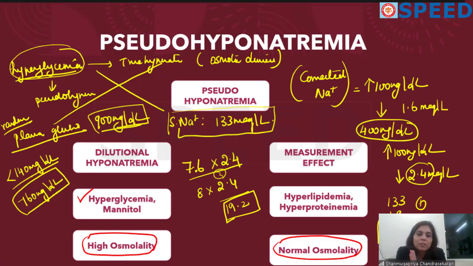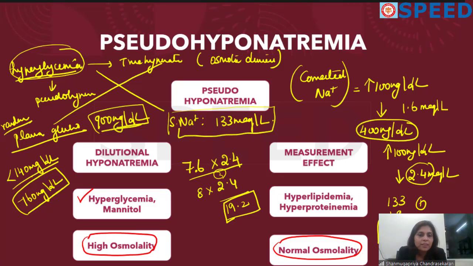And once you correct the glucose value, the sodium value will be brought back, which means you should not be starting saline. You should not ask the person to withhold water intake. Water restriction should not be recommended. All that you will have to do is correct the glucose value. Okay. And you should also know that there are conditions wherein hyperglycemia can cause true hyponatremia.